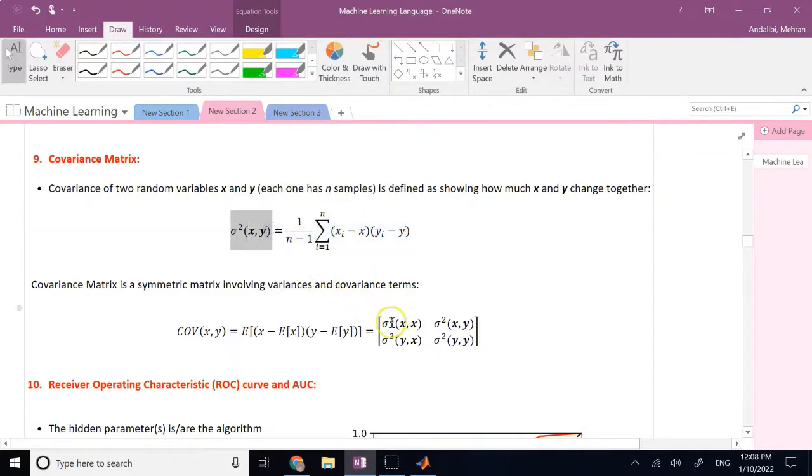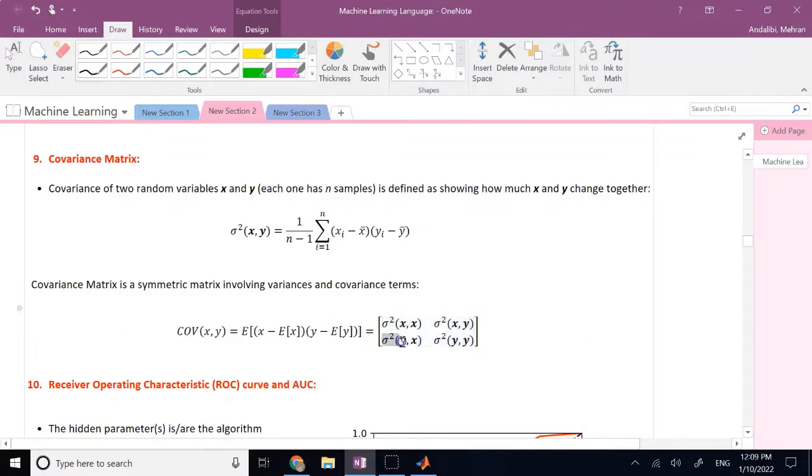For X and Y, it has 4 entries. The first one is sigma squared of X and X, which is what we call the variance, right? If X and Y are the same, then it's going to be the variance of X. If they are both Y, it's the variance of Y, and if it's XY or YX, the order doesn't matter.